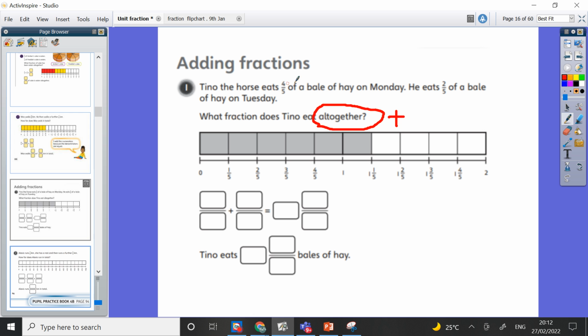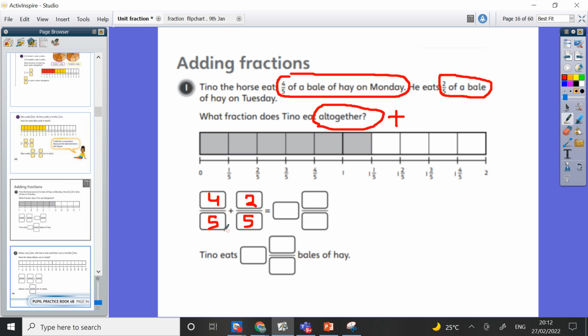Which fractions? Tino the horse eats 4/5 of the bale of hay on Monday and 2/5 of the bale of hay on Tuesday. So let's write it in the place. 4 out of 5 and 2 out of 5.